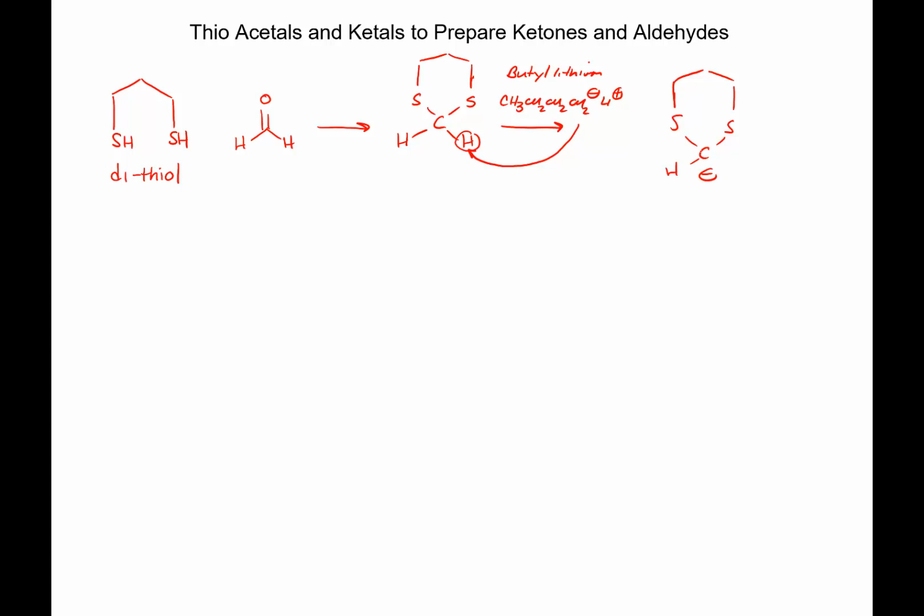Now that C- is a nice, strong nucleophile. And what can I do with it? What can't I do with it? I could take that molecule and react it with, how about I react it with an aldehyde?